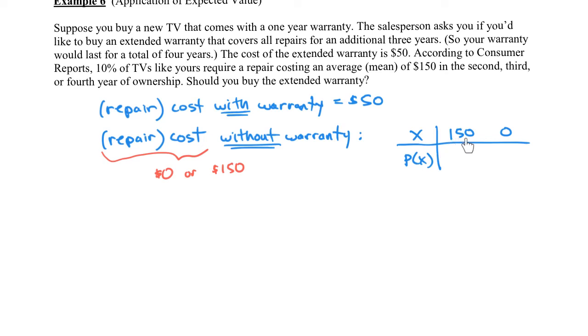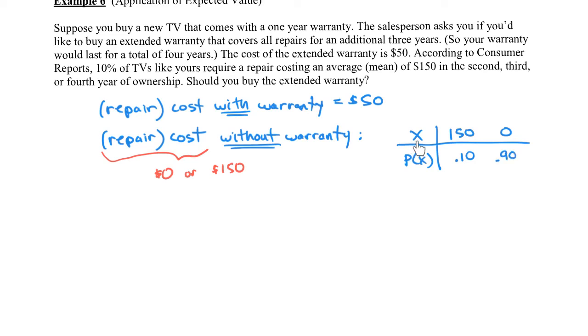Without the warranty, if the TV breaks, we're out $150. And that will happen 10% of the time. So the probability that we pay $150 is 0.10. So if there's a 10% chance that it will require a repair, that means there's a 90% chance that we won't need a repair.